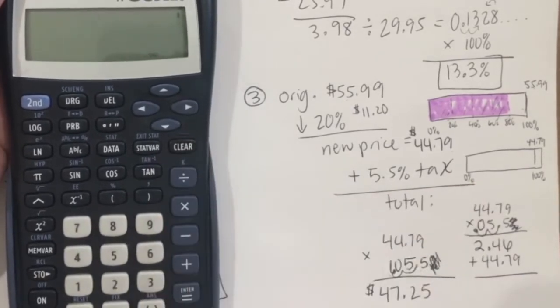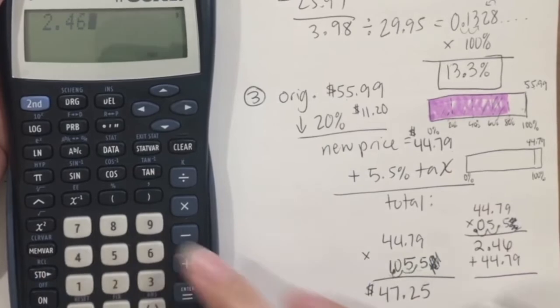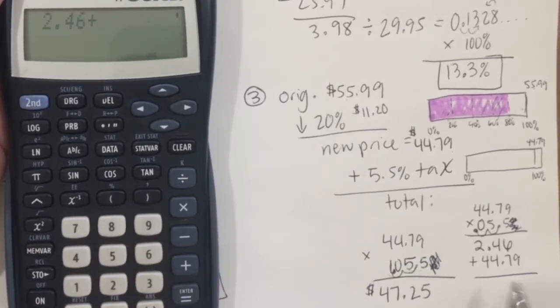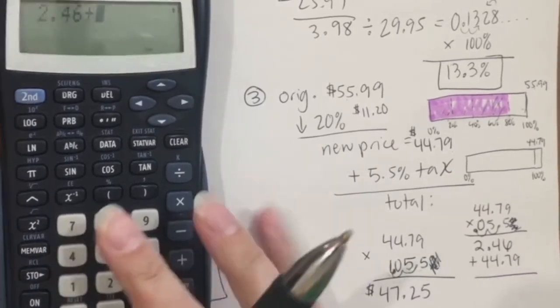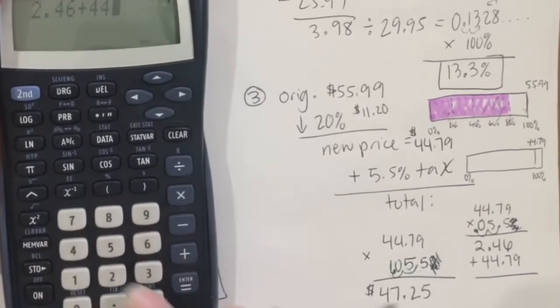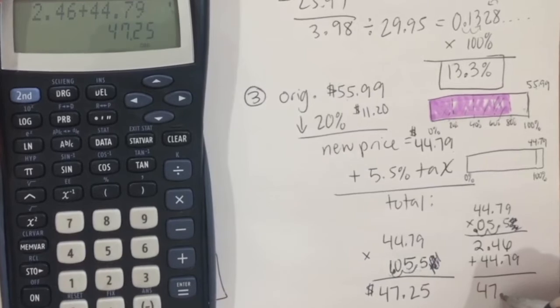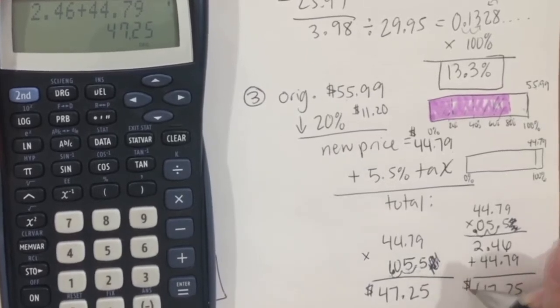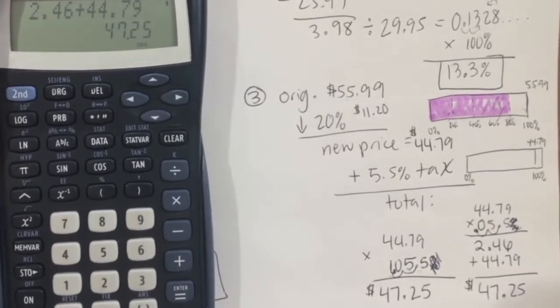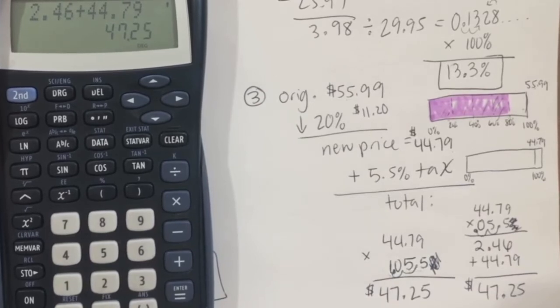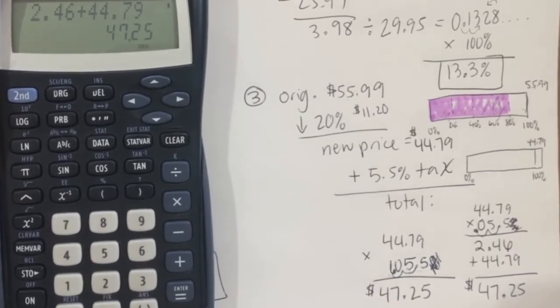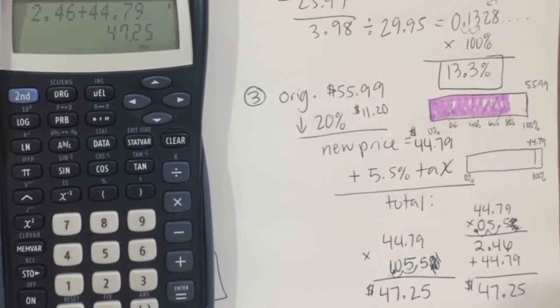So then we take our tax, 2.46, and we add the original price, or well, the sale price, 44.79, and we get 47.25. So again, I'm showing you 2 methods to get to the same thing. Whichever one works for your brain, you can use.